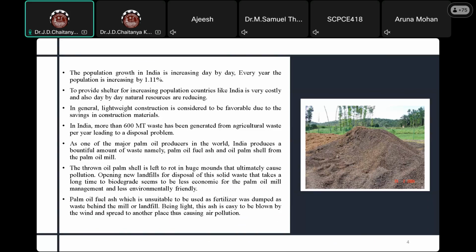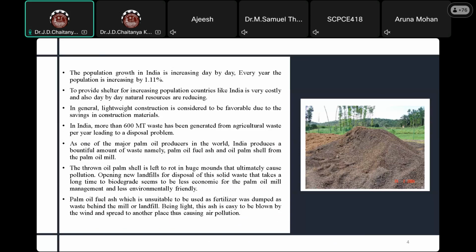The major oil palm producers produce the oil palm shell as well as the oil. What are they doing with this oil palm shell? They are dumping it on land, and some people use it as fuel for boilers.